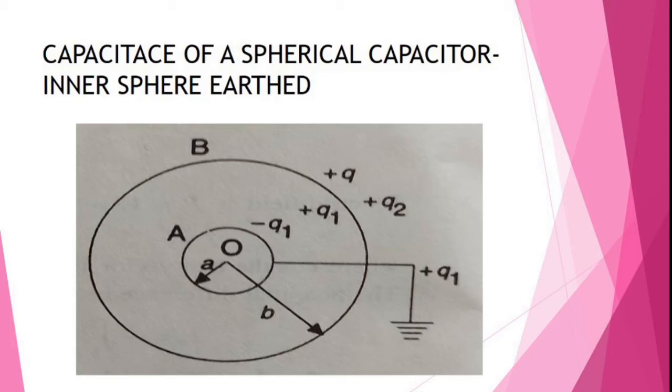Here you can see on A there is minus q1 and on B there is plus q1. Minus q1 and plus q1, equal and opposite charges separated by a particular distance, form a capacitor. So the inner sphere of radius A and the inner surface of the outer sphere form a capacitor.